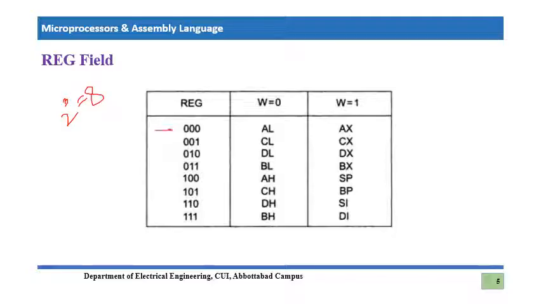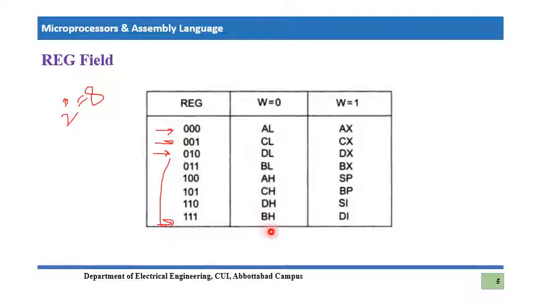Like we can see here, 000, 001, 010, and it goes up to 111, and we name them by associating these numbers with certain registers. For example, 000 can be AL, 001 can be CL, 010 can be DL, 011 can be BL, 100 can be AH. So these are the encoded combinations for these registers.